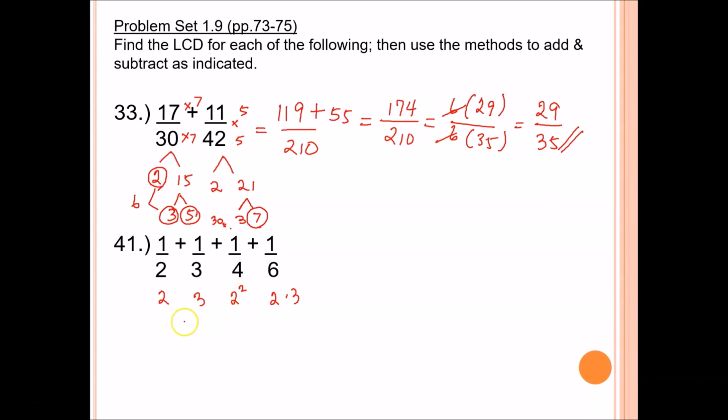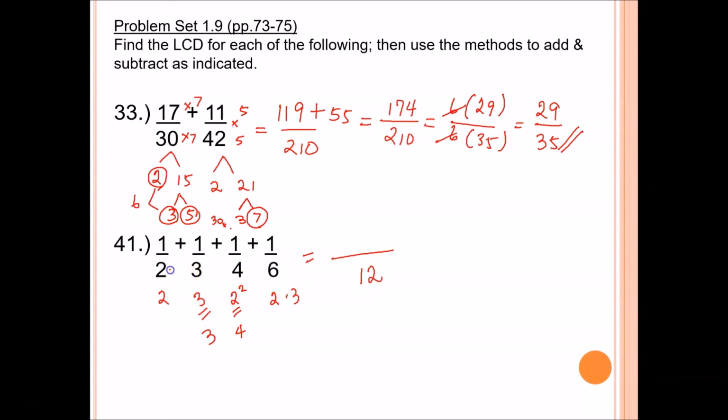So we get all the primes, but this time we have a 2 squared, so we take the 2 with the higher exponent. So 2 squared times 3, that is basically 4 times 3. Our LCD is 12.